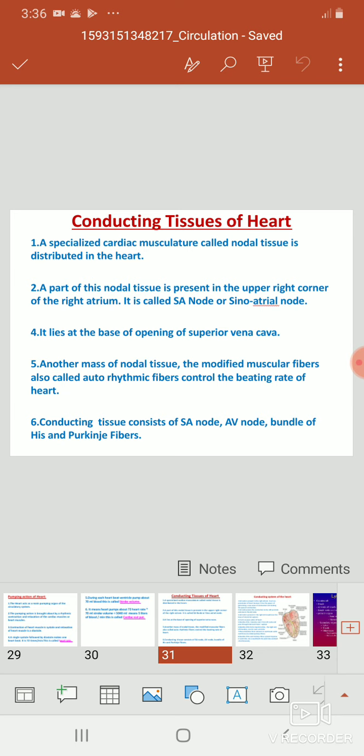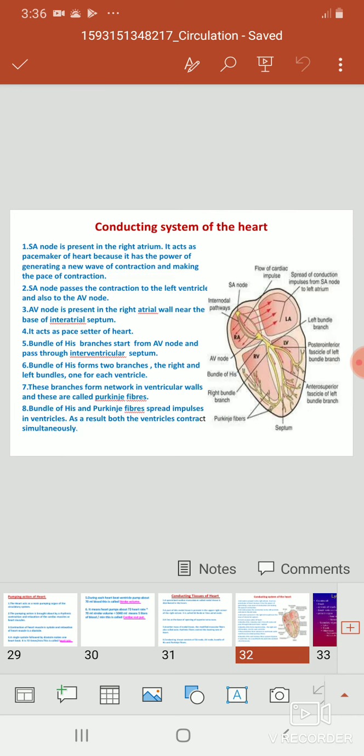Conducting tissue consists of the SA node, AV node, bundle of His and Purkinje fibers. This diagram shows the conducting system of a heart. As shown, the location of the SA node here, then the AV node, the bundle of His and the Purkinje fibers.